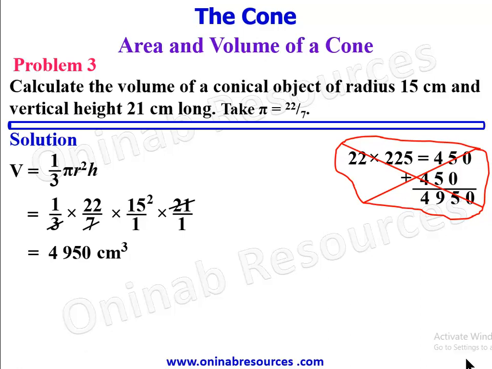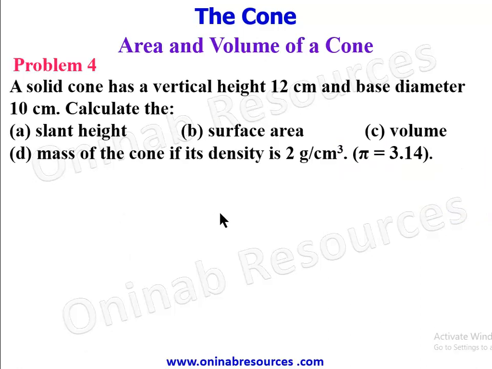So we go to problem 4. For problem 4, a solid cone has a vertical height of 12 centimeters and a base diameter of 10 centimeters. Calculate the slant height, surface area, volume, and mass of the cone if its density is 2 grams per cubic centimeter. Take pi to be 3.14.